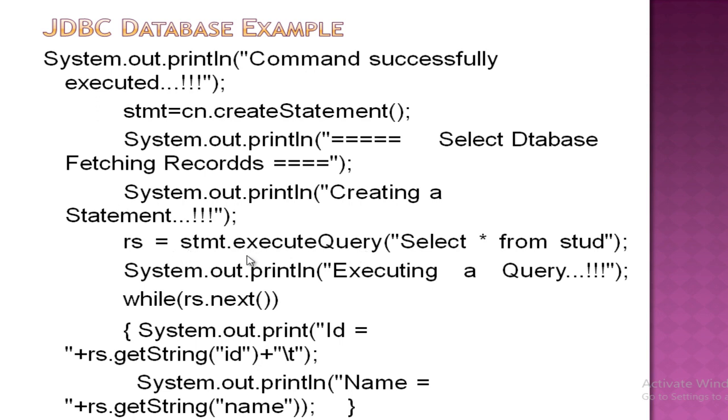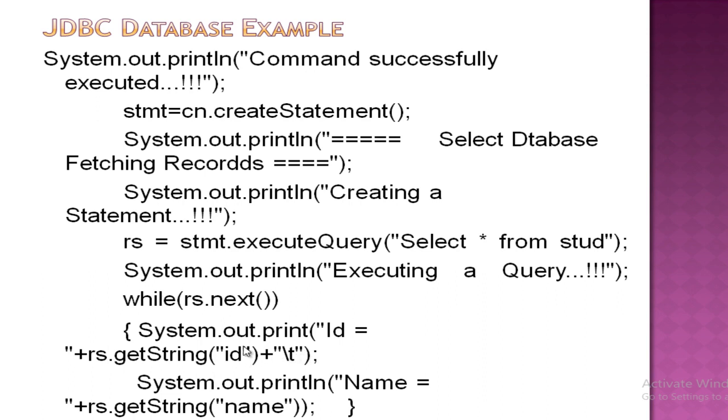We have already learned that through executeQuery we can execute the given SQL queries. So here it is select star from student, which will show the whole student table. System.out.println "Executing a query". While rs.next, System.out.println id equal to rs.getString id plus t.